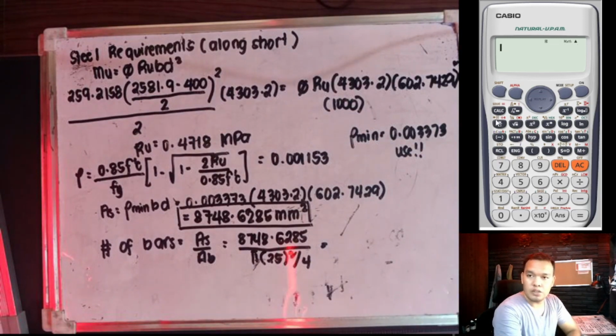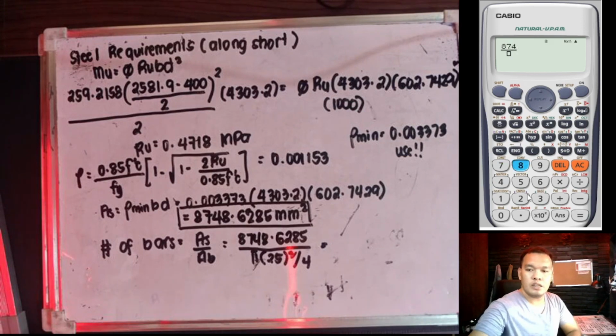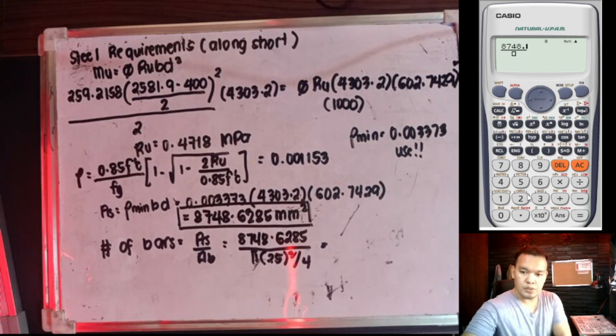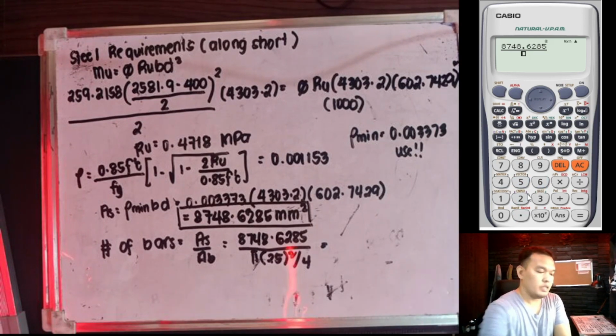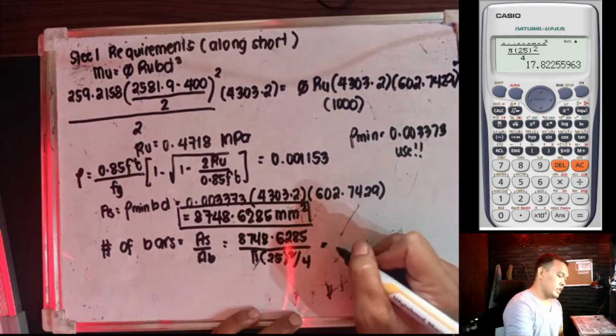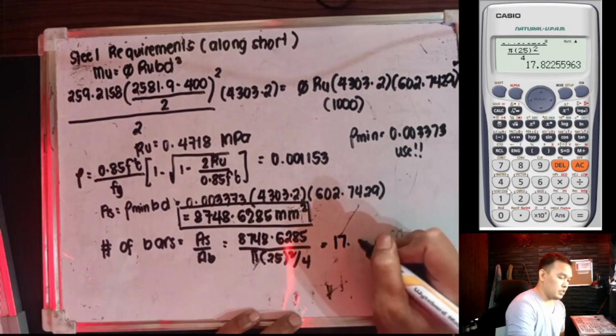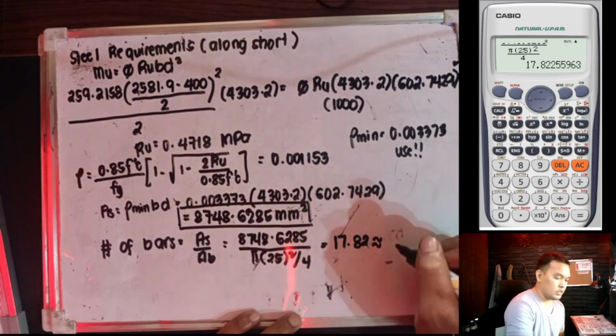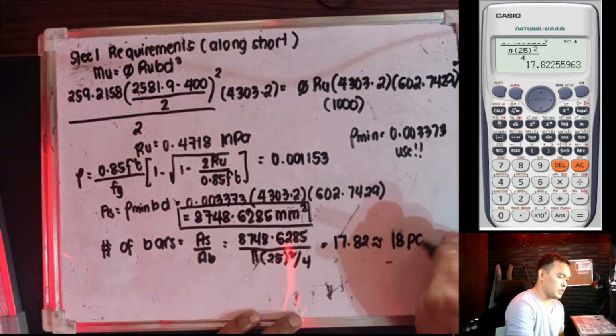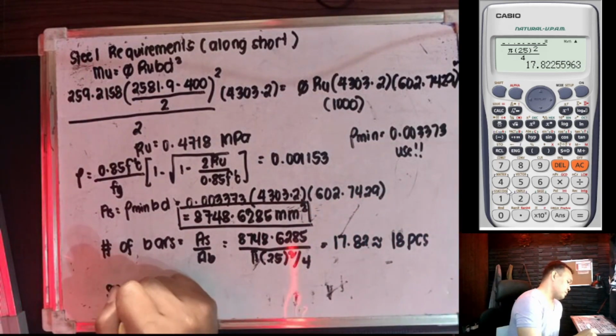So we have here 6785 divided by pi times 25 squared all over 4. So we have here 17.82. So we can say that this is 18 pieces.